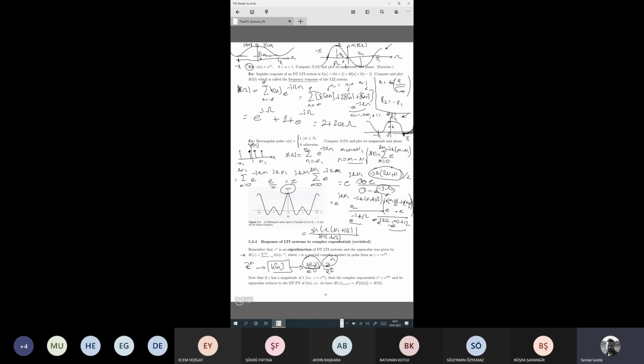If z equals e to the power j omega, then h of z evaluated at z equals e to the power j omega is nothing but the discrete time Fourier transform of your signal, h of n. So by the way, this is called the z transform, and we will not evaluate this in this course, but this is a special transform called the z transform. So this is just for your side information.